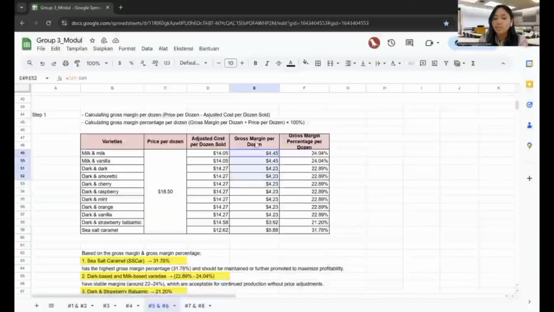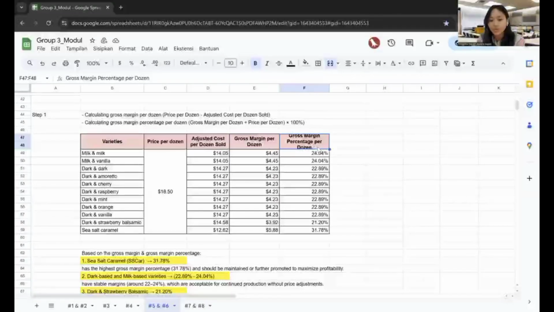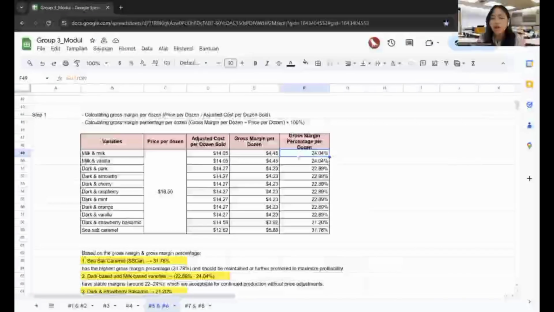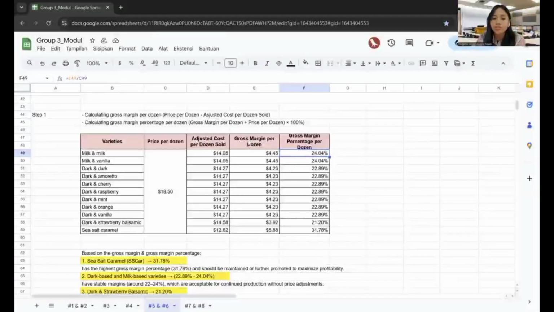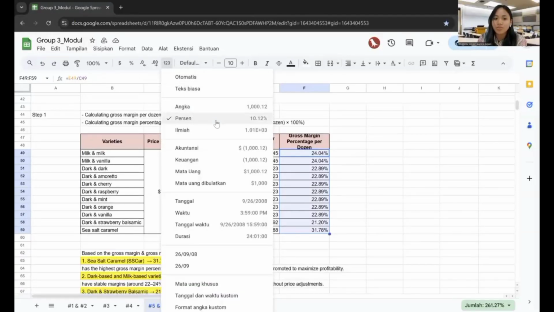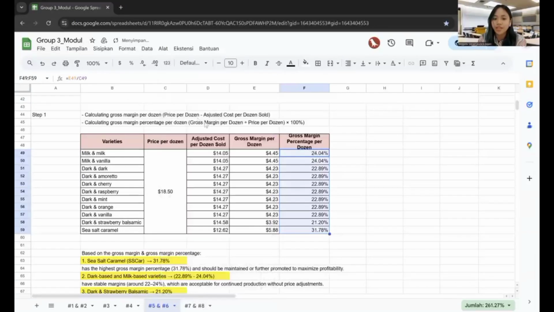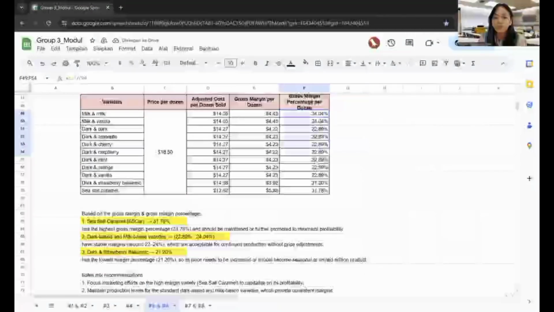After we got the gross margin per dozen, we can calculate the gross margin percentage per dozen. We just calculate by using the gross margin per dozen divided by the price per dozen. So we just divide the gross margin per dozen with this, and to make it a percentage, we set the number format to become a percentage here. And we got all of this percentage.